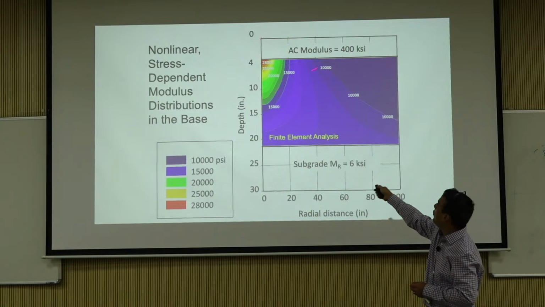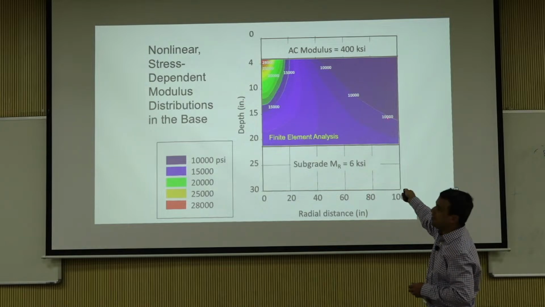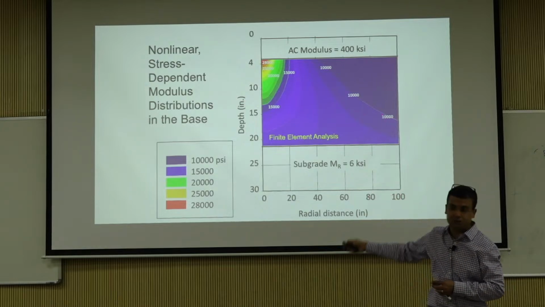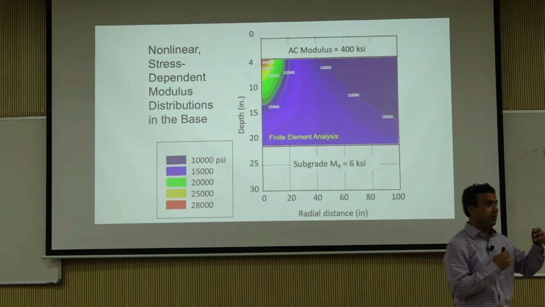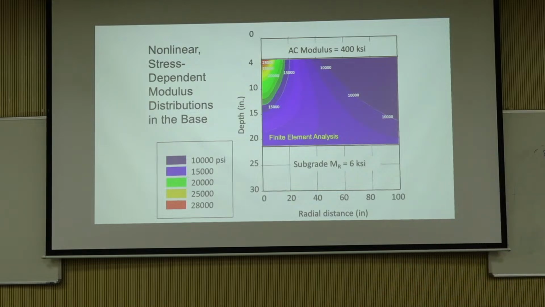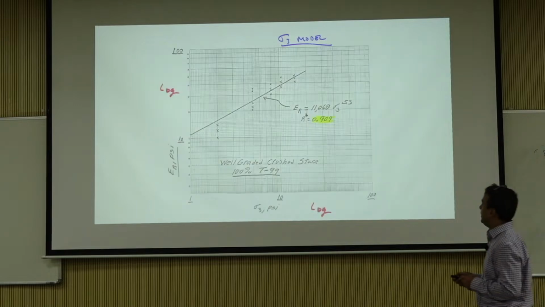And you see, this is a 400 KSI asphalt, this is 28,000. As you move away, it is about 10,000. So this is the range of change you can see in resilient modulus when you are trying to study the variation inside. Okay, so a constant value is not necessarily the right thing.